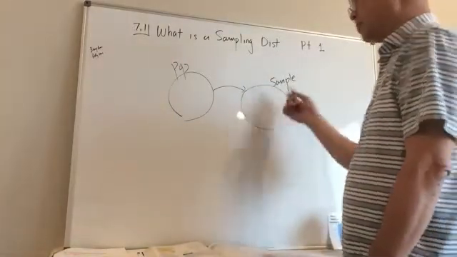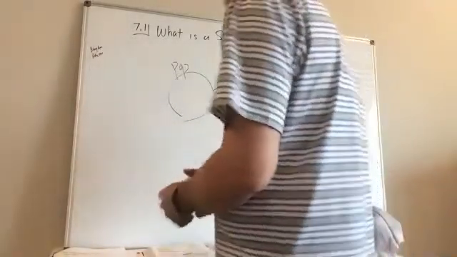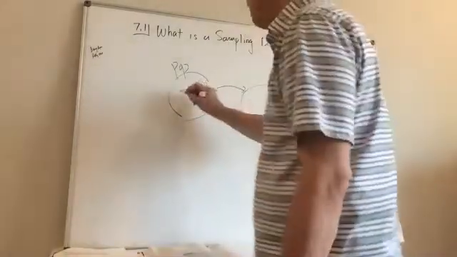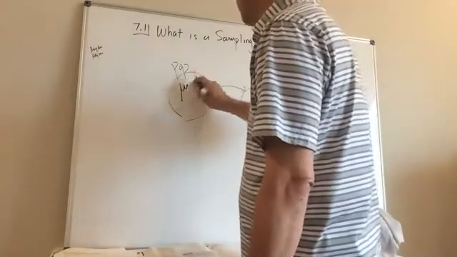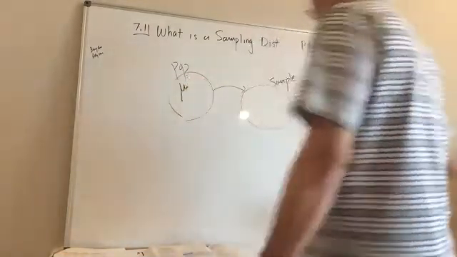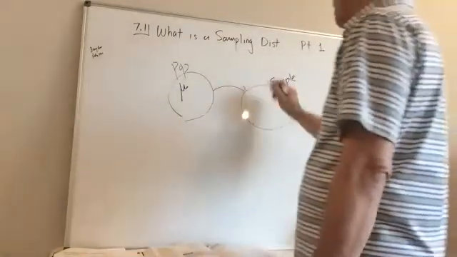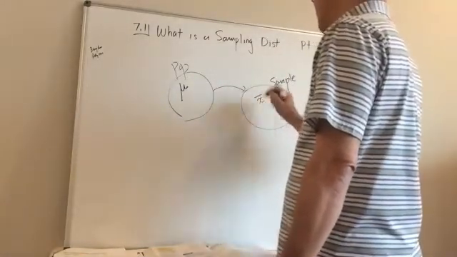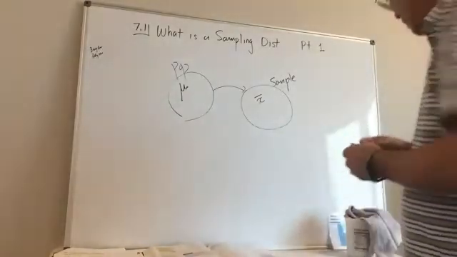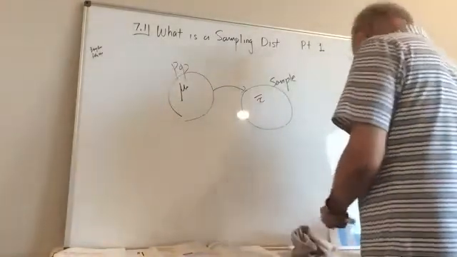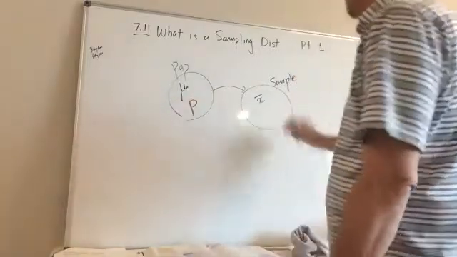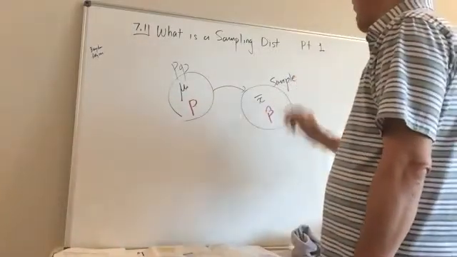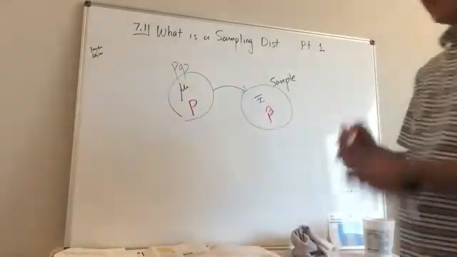Okay. So in other words, if I have a mean in the population, in the sample I'm going to get a sample mean. If I had a proportion here, I will get a p hat, a sample proportion here.